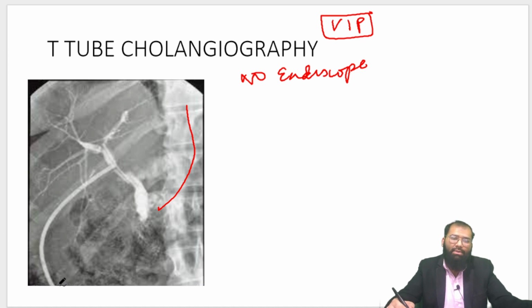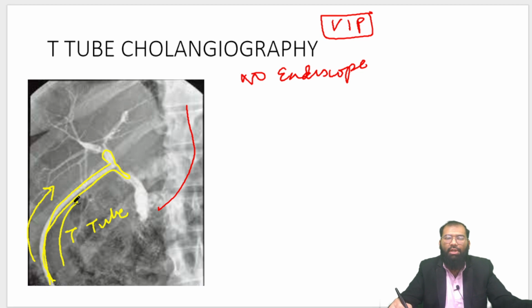So here you are able to see that there is a special tube which goes like this, and it has got a T end here. So this is called T tube. This is a T tube, and we have pushed the dye through this. So contrast is pushed through T tube, and there is opacification of the biliary system. So this is called T tube cholangiography.